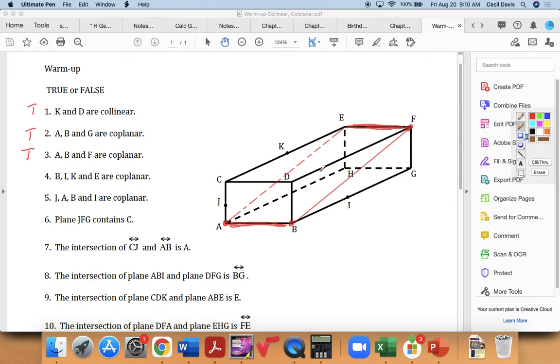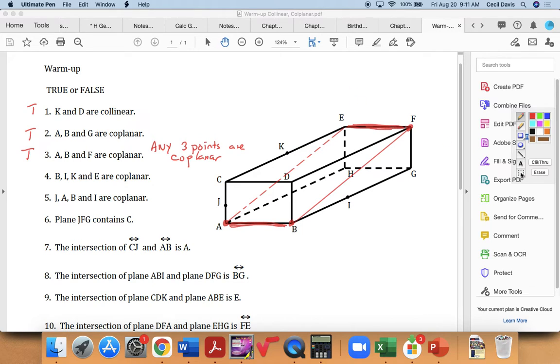In fact, any 3 points are coplanar. That is always going to be true. If you've got 3 points, they're always going to be on the same plane.